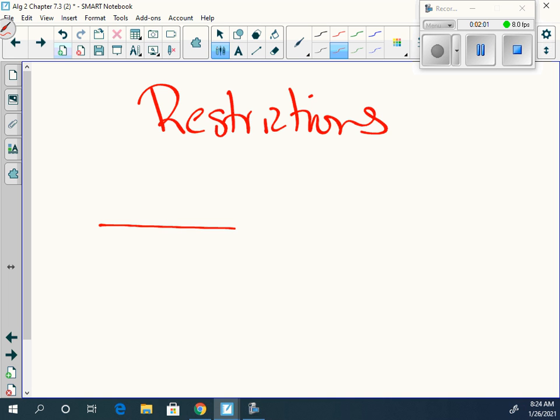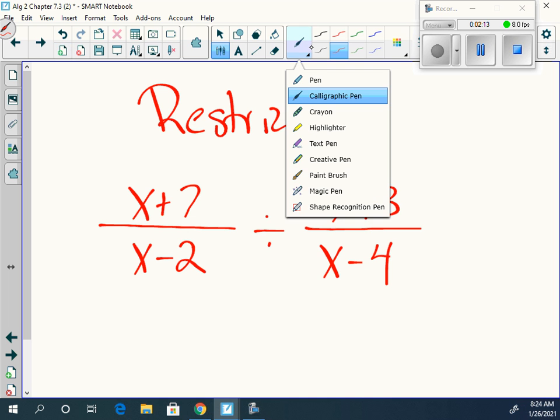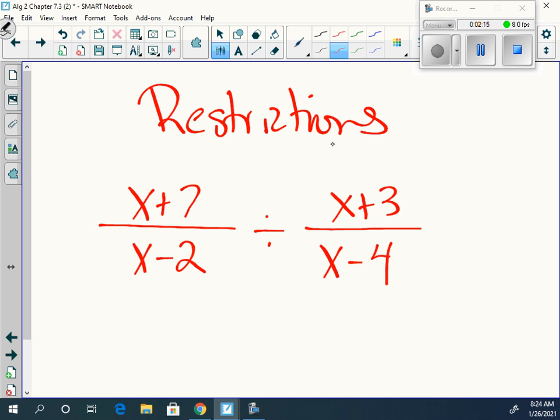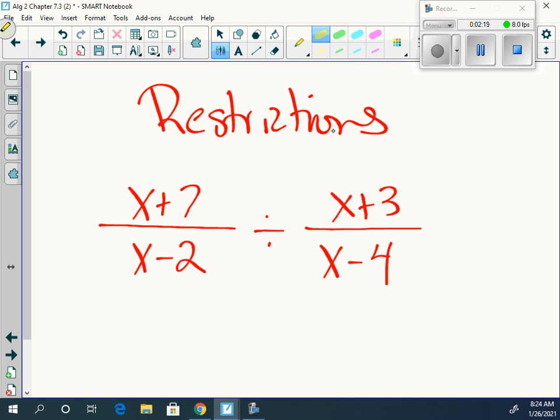So we look at this here and what we did the other day. Because we talked about x minus 2 and x minus 4. Both of these cannot be 0 because if either one of them is 0, we plug in a value of x that would make them 0. We're dividing by 0, yes?